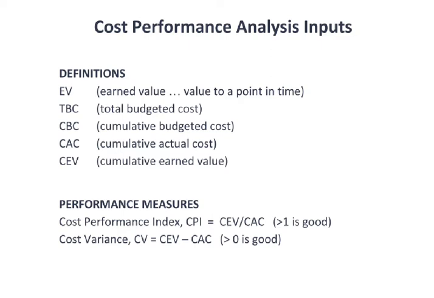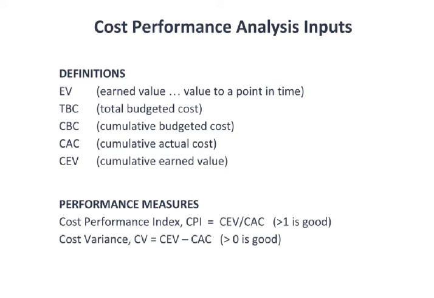But let's say that we spend $1,000 on a particular activity. The question is, was that $1,000 expenditure worth $1,000 in value? In other words, let me explain it this way. This might be a better way to look at it.